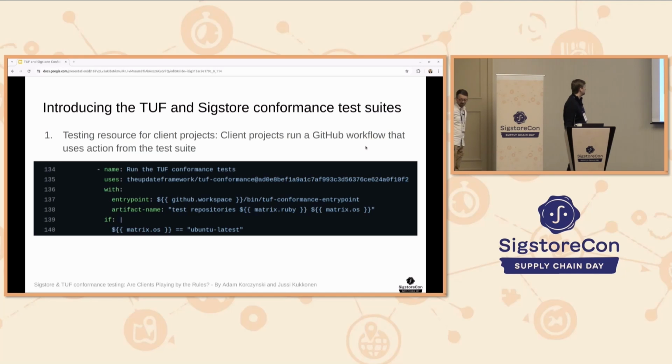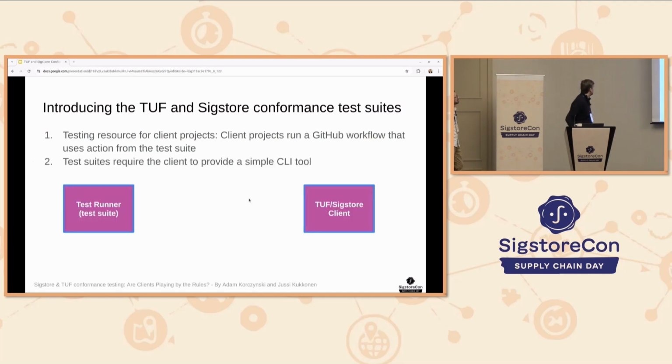You invoke the test suite here, and you can pass some parameters. I don't think Sigstore Ruby does that, but there is this entry point here, which we'll talk a little bit about in a minute. But fairly easy and simple to adopt.